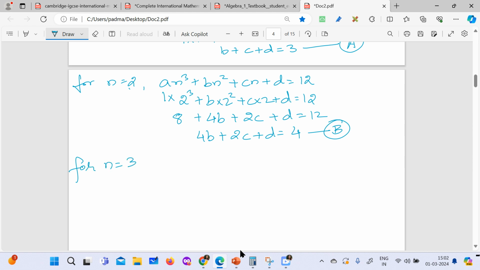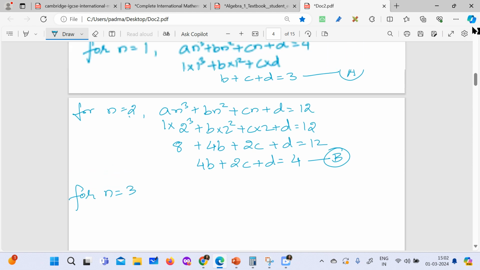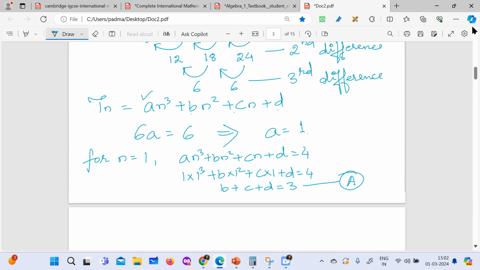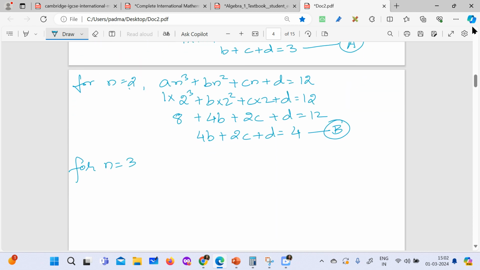Now we will do n equals 3. Let me see what the third term is. At n is equal to 3 we have 32. So a n cube plus b n square plus c n plus d equals 32. Now I will substitute the value of a as 1 and n is 3, and then we get like this.